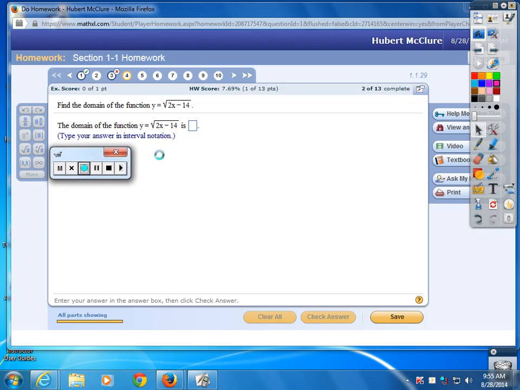All right, what did I tell you about functions like this? Look in your notes. What did I tell you? I remember talking about this. I told you that the domain is not generally affected unless you have what?